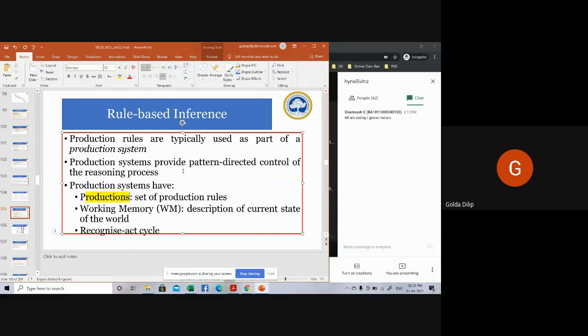Then your working memory is nothing but the description of the current state of the world as a part of your reasoning process. The actions of production rules are specifically designed to alter the contents of your working memory. Then the cycle that happens is the recognize-act cycle. So that is rule-based inference.